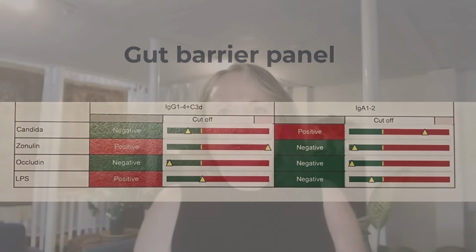Now, I want to go on to the final testing of the suite of tests that I've done. This test was quite expensive, about $300 US. I had this done in Australia, but with a lab overseas. And this is measuring IgG to specific foods. You can get this measured in a lot of countries.